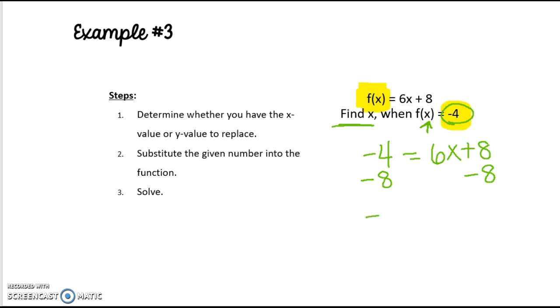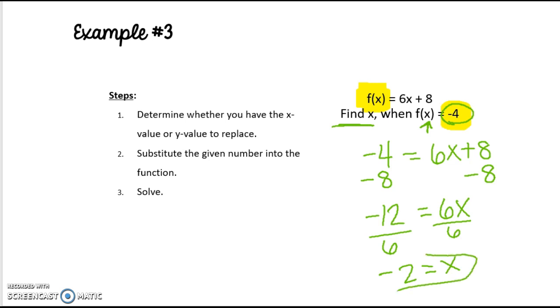So I'm going to subtract 8 from both sides, and then divide. So -2 equals x. So my x value is -2. What this tells me is if I were to plug -2 in, I should get -4. So let's check our work.